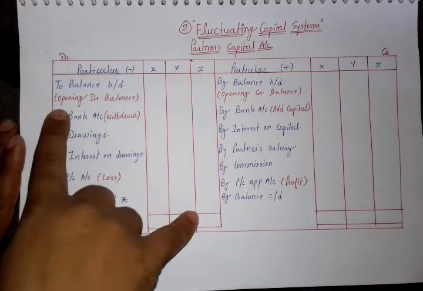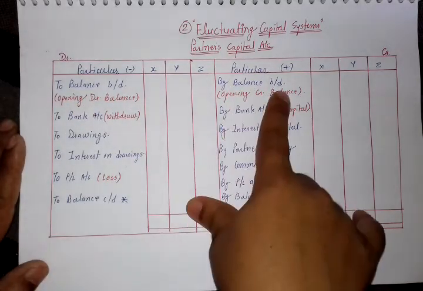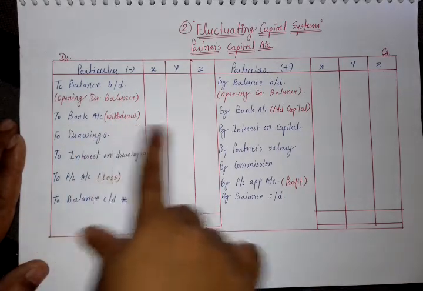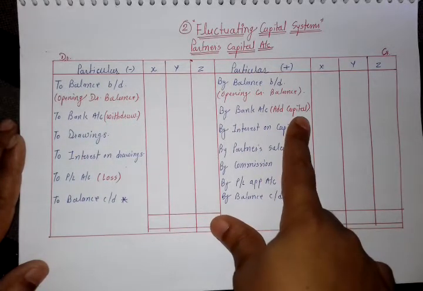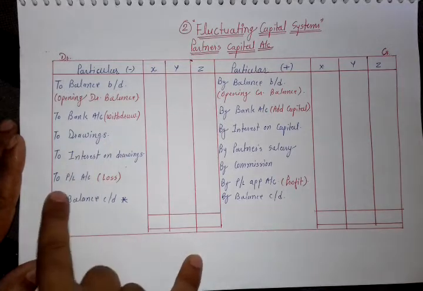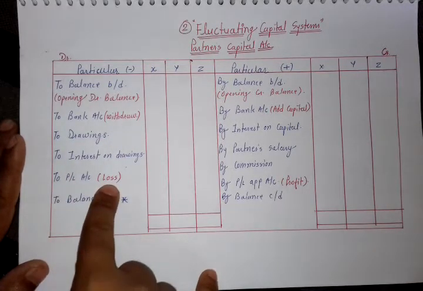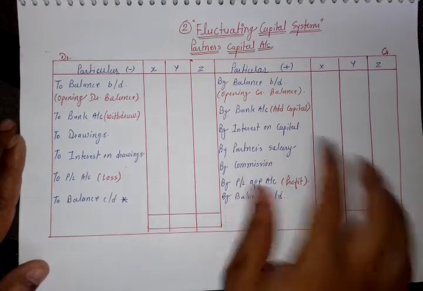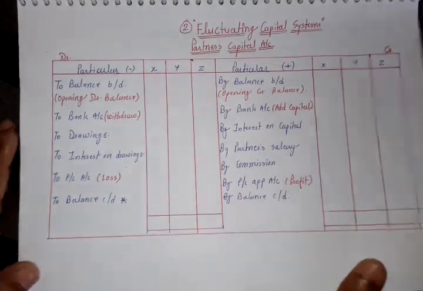To balance b/d means opening debit balance. By balance b/d means opening credit balance. To bank account means withdrawal. By bank account means additional capital. Drawings, P&L: here you write loss, and here you write profit. Then commission and partner's salary.